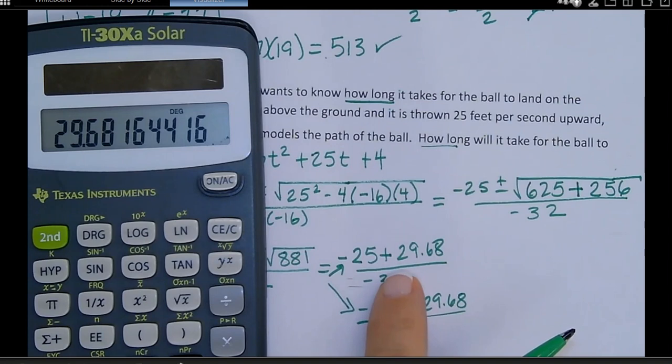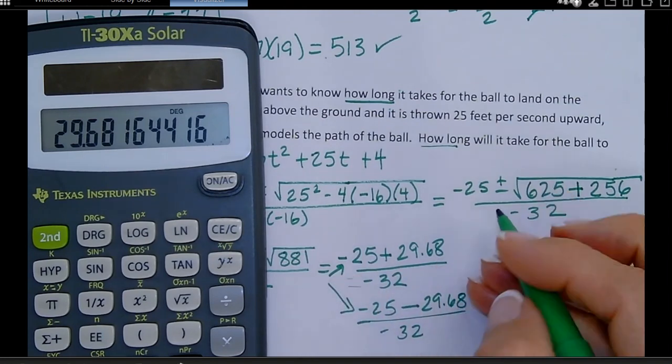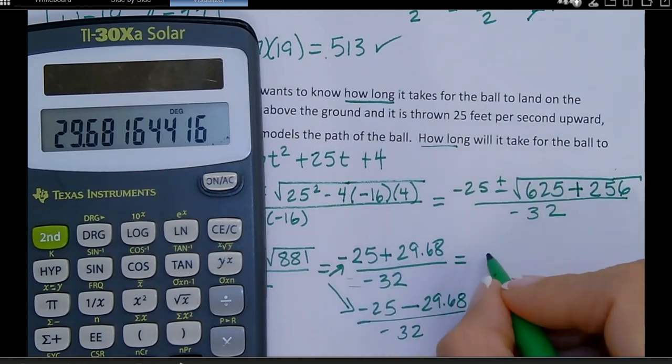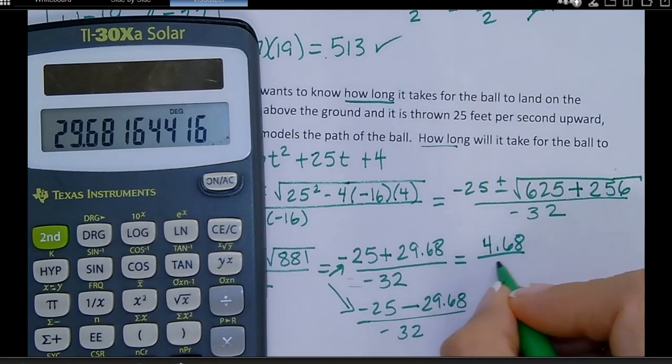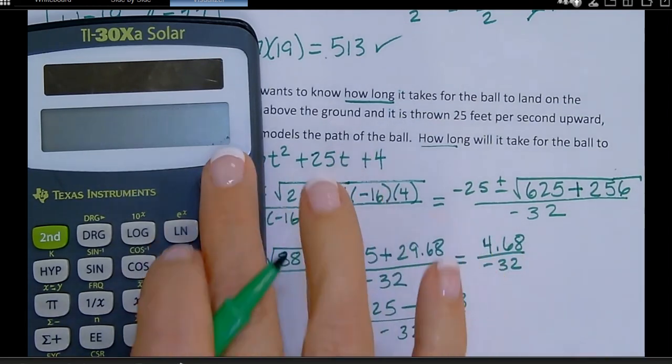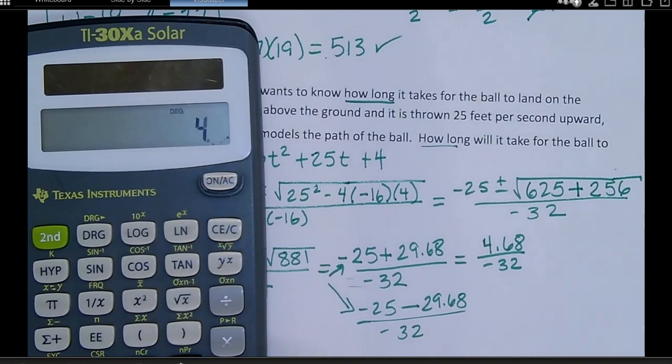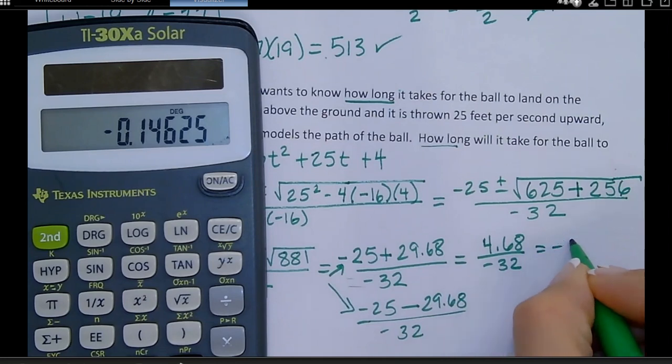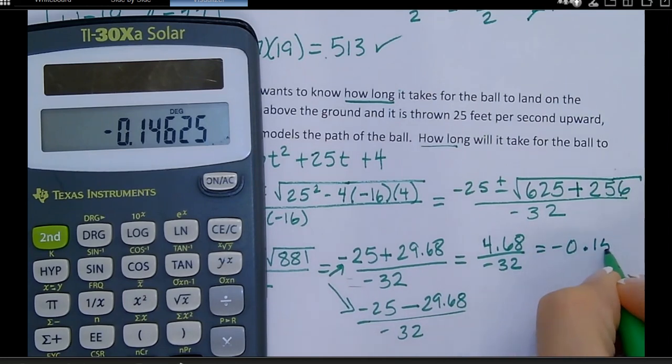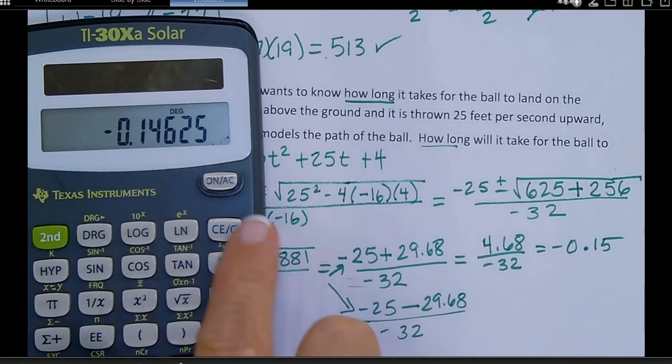So this is going to be 29.68 minus 25, which is 4.68 over negative 32. So 4.68 divided by negative 32 equals negative 0.15 if I round to the nearest hundredth.